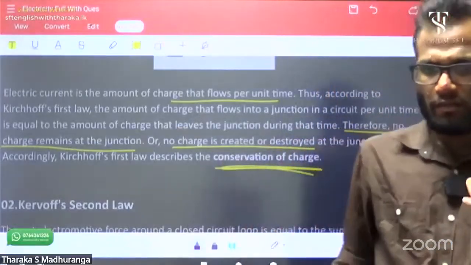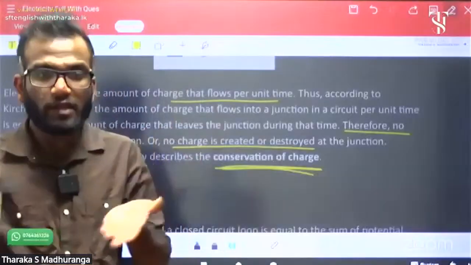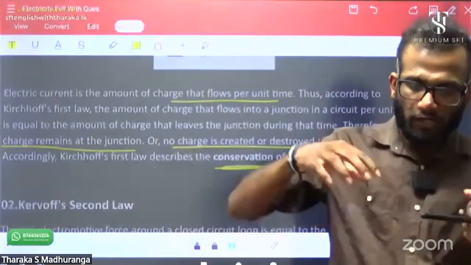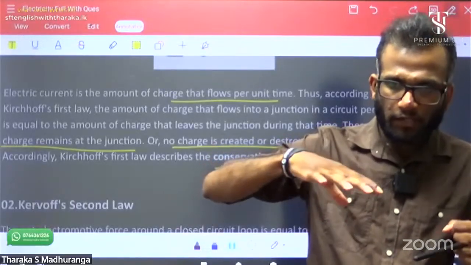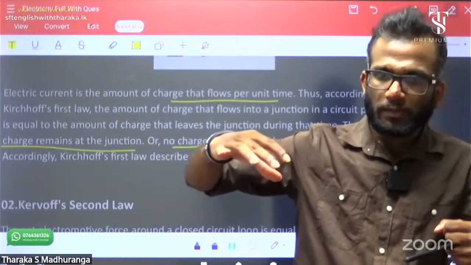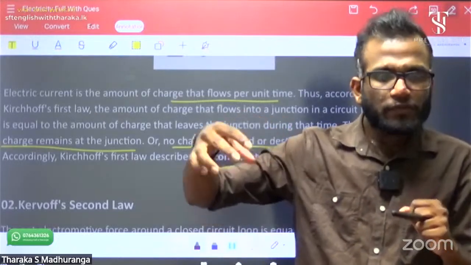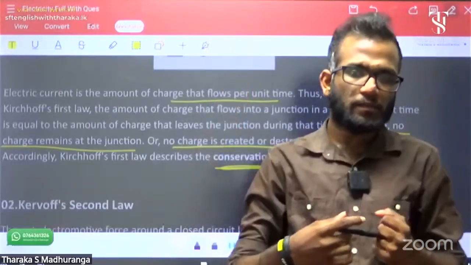Understood? Okay. You only need to remember this basic concept. What's Kirchhoff's first law? The sum of charge flowing into a junction within unit time is equal to the sum of charge leaving out from the junction at the same time.